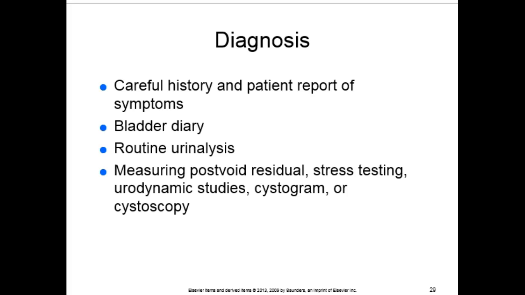When conservative measures don't improve continence, then the healthcare provider can choose to evaluate the condition with a series of diagnostic tests, such as measuring the post-void residual volume, stress testing of the urinary system, urodynamic studies, a cystogram, or cystoscopy.